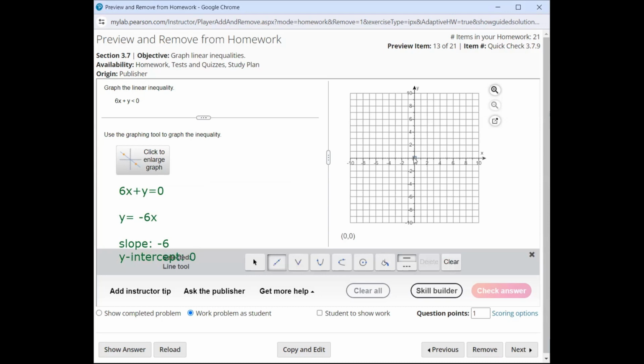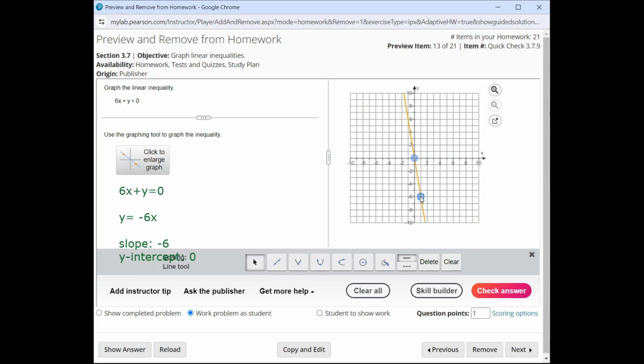Okay, y-intercept is 0 means the line goes through the origin with a slope of negative 6. So when x increases by 1 unit, y decreases by 6 units. So the coordinates of the second point is 1 comma negative 6.